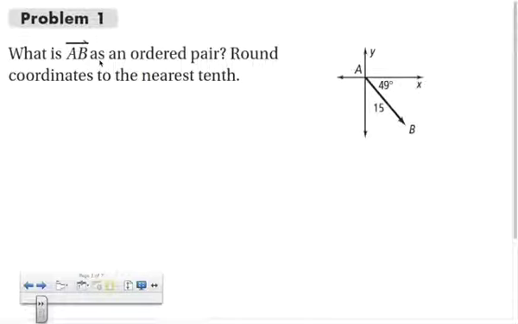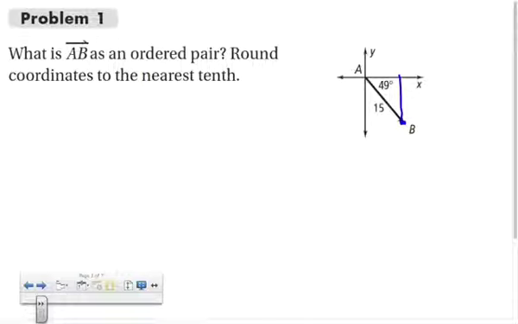In problem 1, we are asked what is vector AB as an ordered pair. What you need to realize is that we're trying to find the x and y coordinates of that terminal point B. And the way that we do that, using our trigonometry, is to realize we've got a right triangle here that we have the tools to solve for.